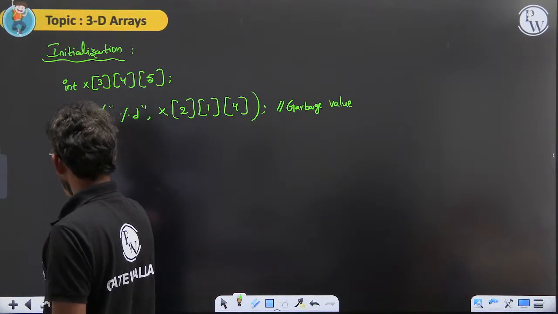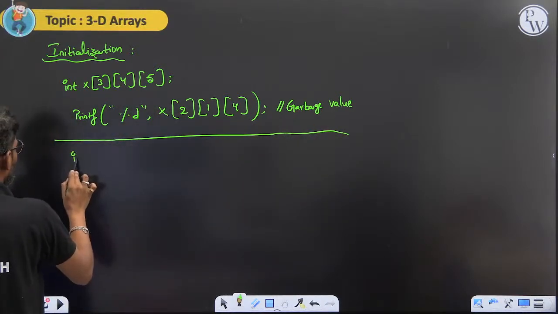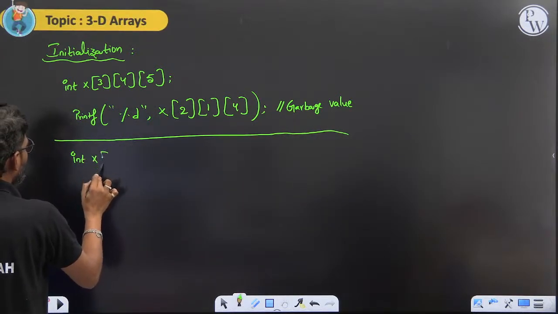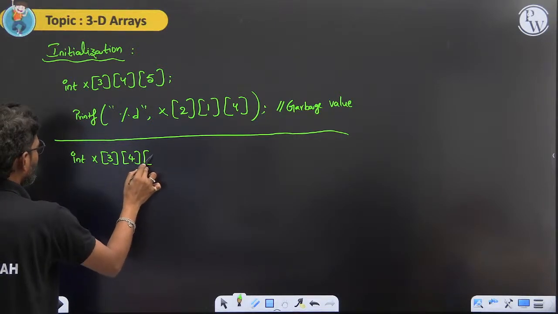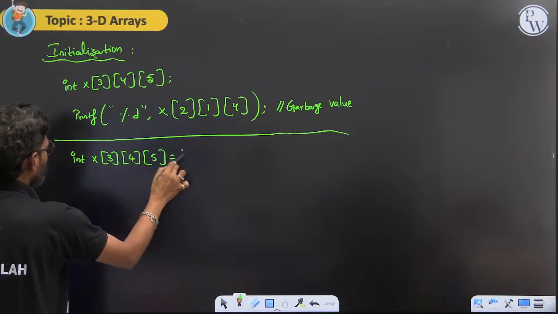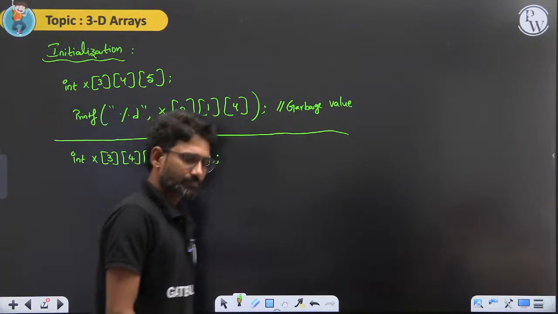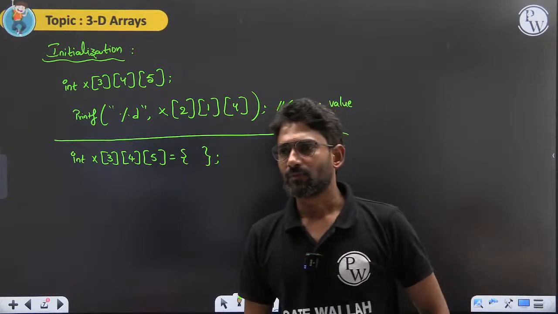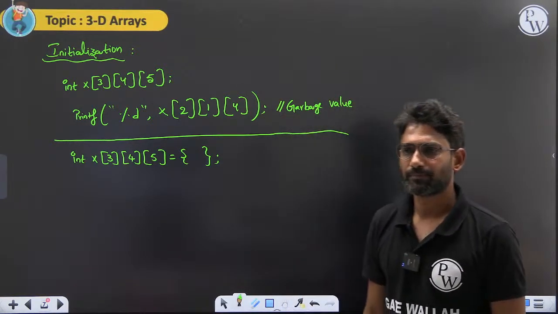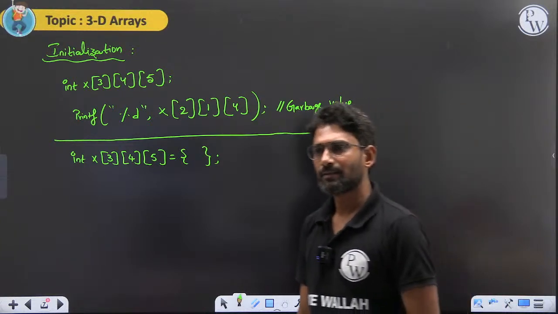Okay, fine. If I write int x of 3, 4, 5 is equal to just empty braces, now what would be the value I get?